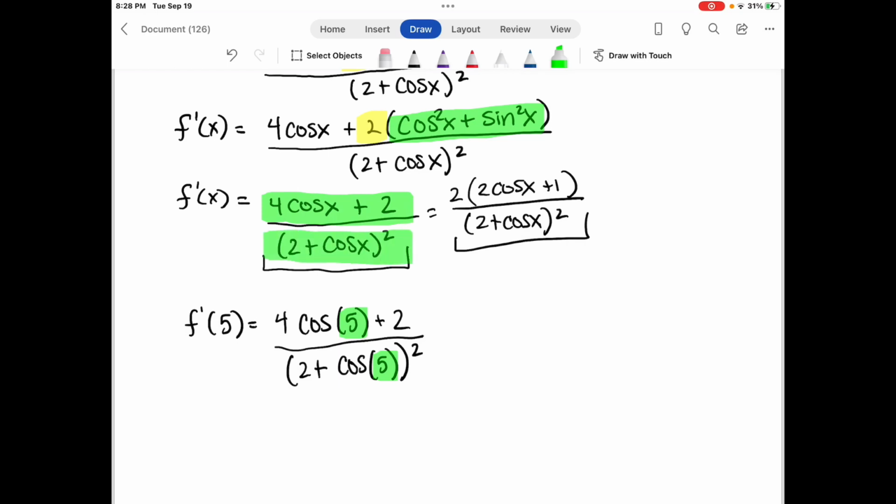If you use the other version, it's fine. And when you evaluate that on your calculator, making sure you're in radians, your final answer should be 0.6011 when you round it to 4 places.